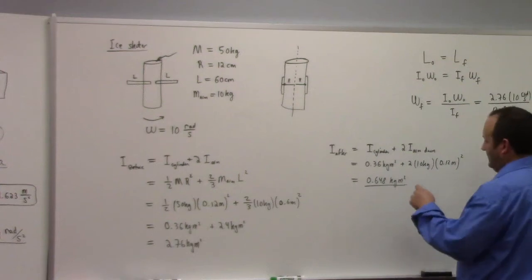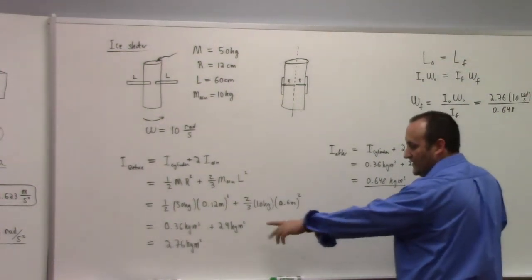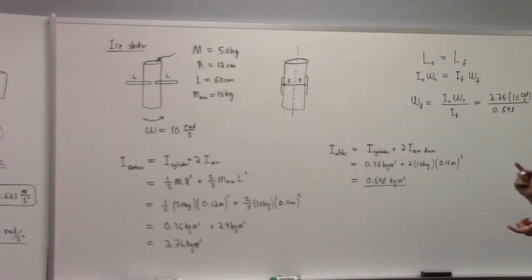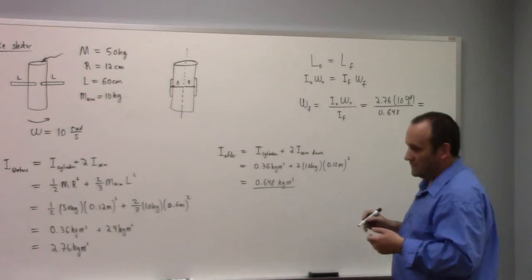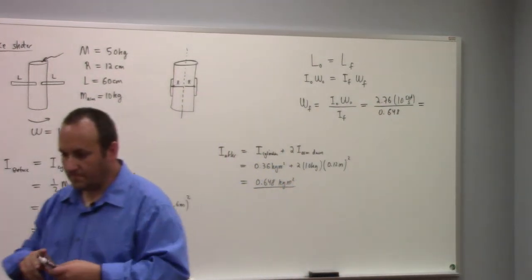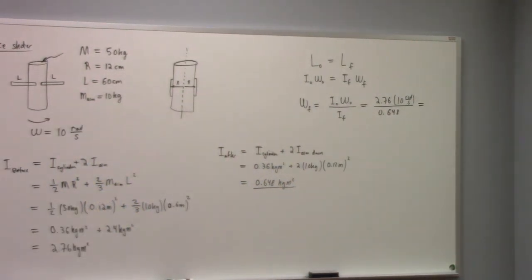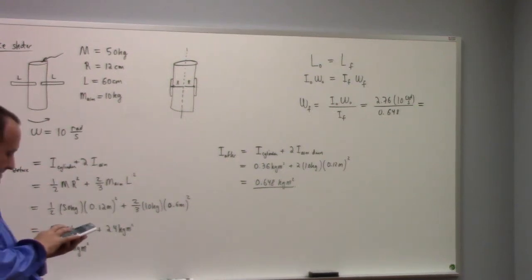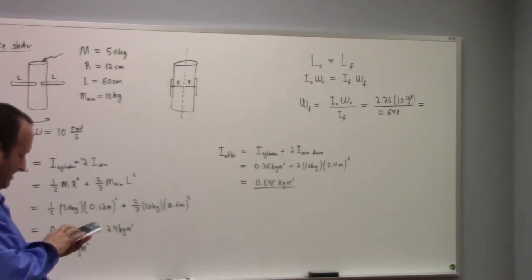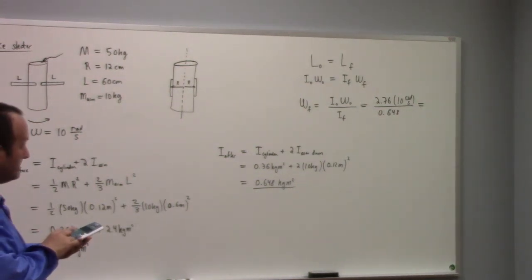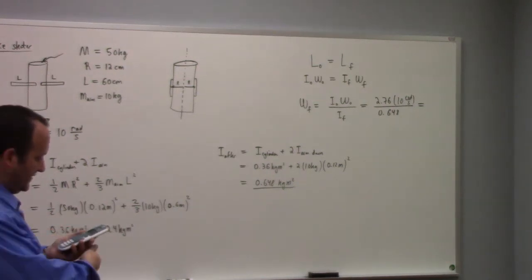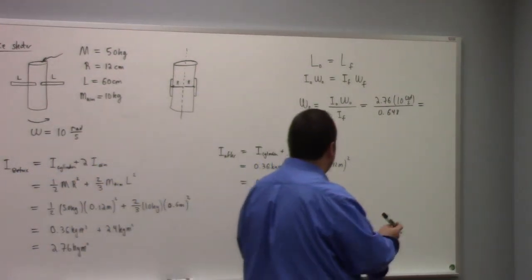All right, and I just dropped the kilogram meters squared because it's on both of them, and it's just going to cancel. So why bother? Anyway, this number is the final angular velocity. What would that be? Whoa, 42.6 radians per second.